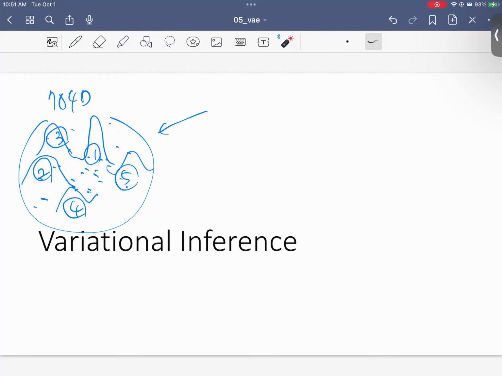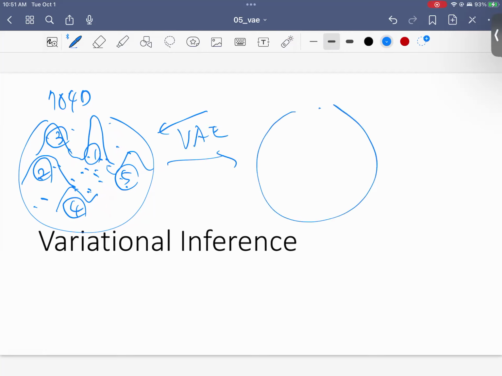If you can do a good job, then your approximated VAE will learn its latent space that approximates like 3, 1, and maybe 5 is a little bit weak, and maybe 2 it learned really well, and 4 like this. And then there are some errors, like here, right?